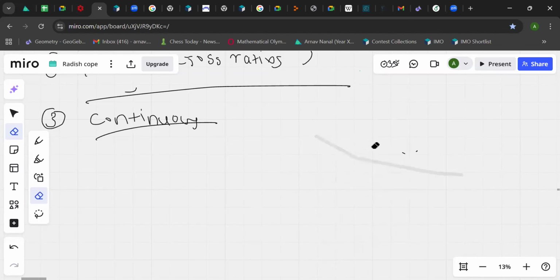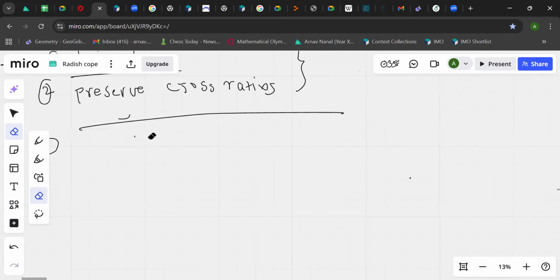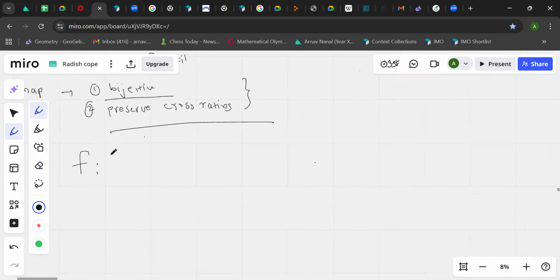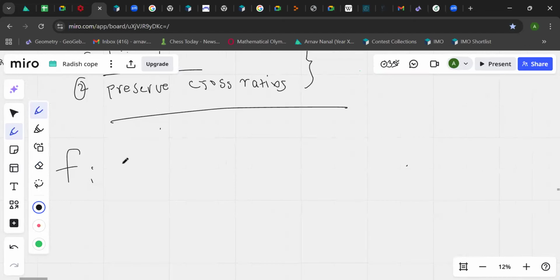What we will do is assume that the map just preserves cross ratio. So f is some map from object one to object two.